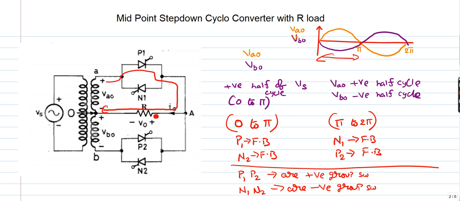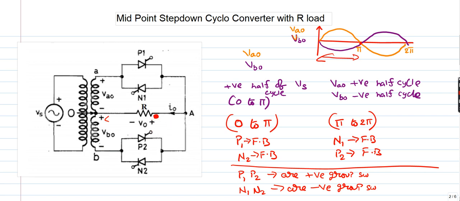So when P1 is in conduction, the current is entering from this side, so that is the positive half cycle. Now we'll see when P2 is in conduction. So when P2 is in conduction, it starts from B to P2 to load right side to O. Again it is entering from the right side of the load terminal, so we can say positive half cycle in the output.